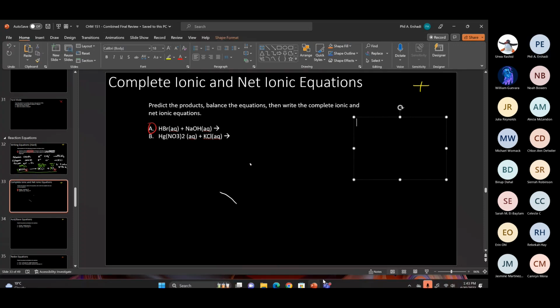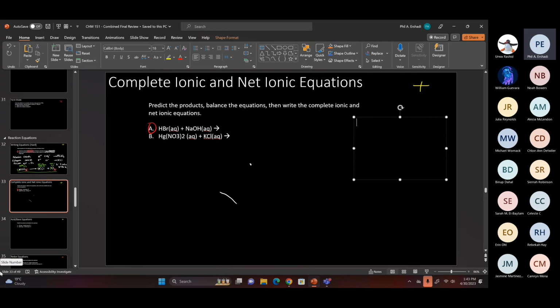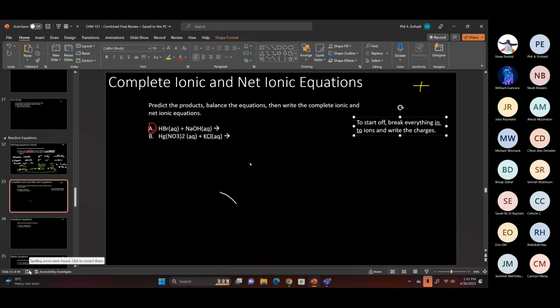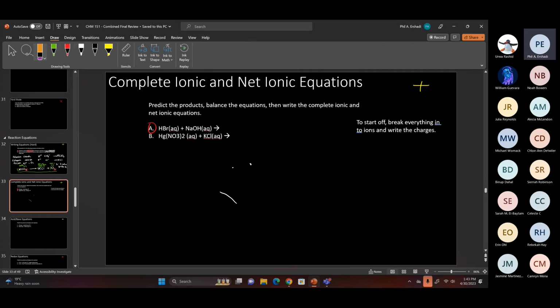There we go. All right, so to start off, break everything into ions and write the charges. All right, clean this up. So you have HBr.